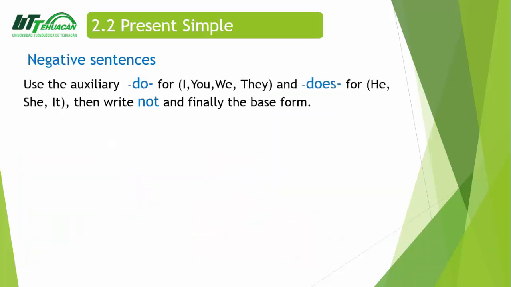For negative sentences, we use the auxiliary do for I, you, we, and they, and does for he, she, it. Then we write not, and finally, the base form of a verb.